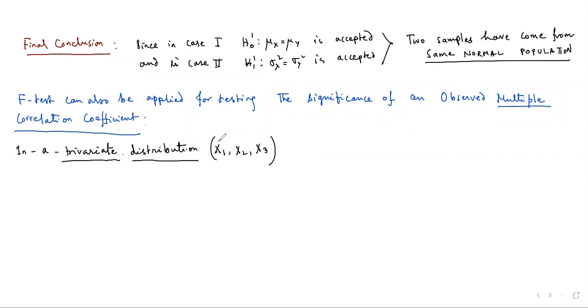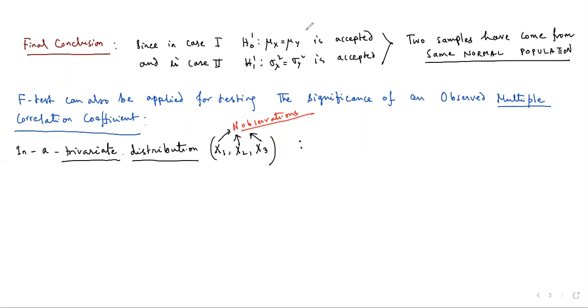And suppose that in each of these cases, there are small n observations. So the number of observations is the same for each of these three variables.